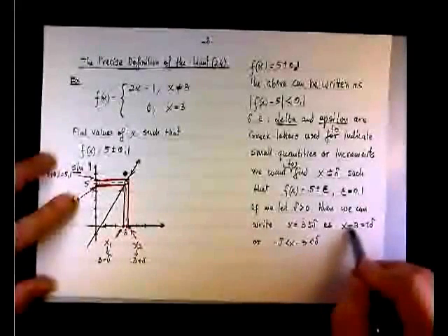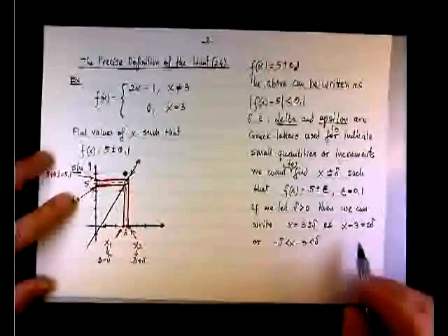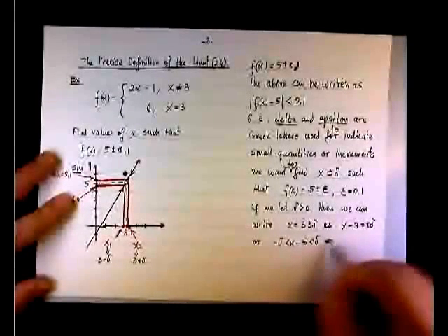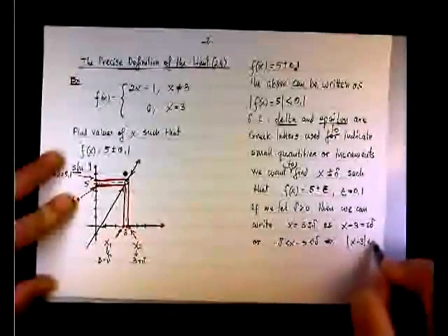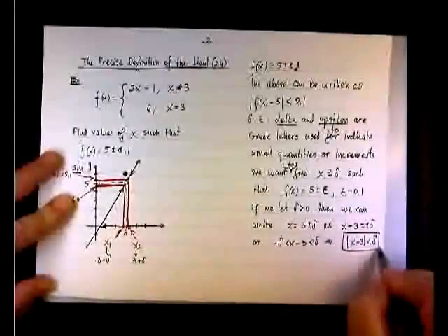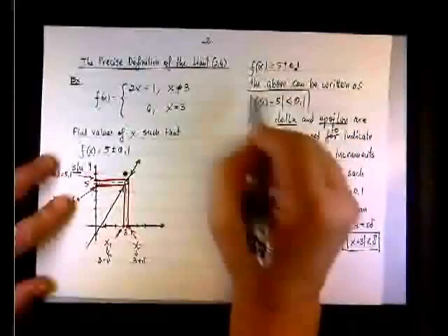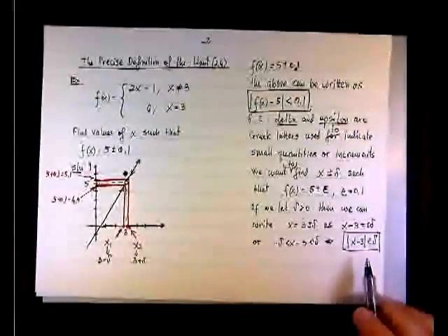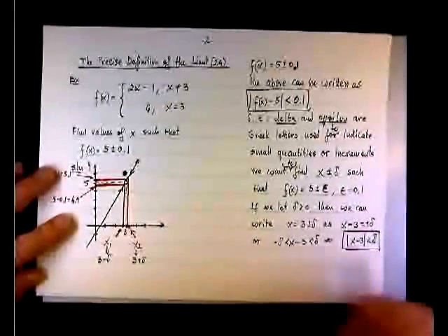Again, if you look at it this way, eventually we're going to say that the absolute value of x minus 3 is less than delta, like so. Similar to what we have here. Okay. So we are looking at two inequalities.